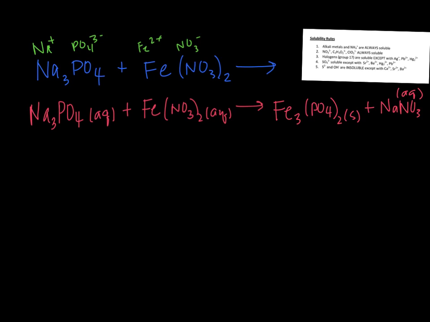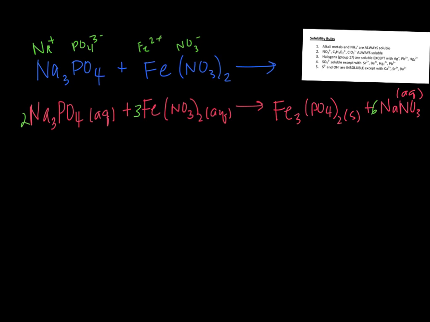All right, so this is our normal equation. We need to balance it real quick. So I need 6 of these, 2 of these, 3 of these. And so that's balanced now. So now I'm going to write the complete ionic equation. Remember, the complete ionic equation, we break up anything that's aqueous because it's dissolved in water. That's what aqueous means. It's been dissolved in water.